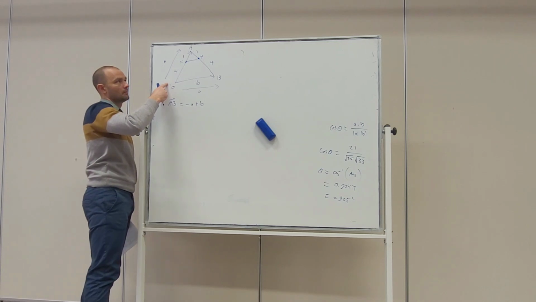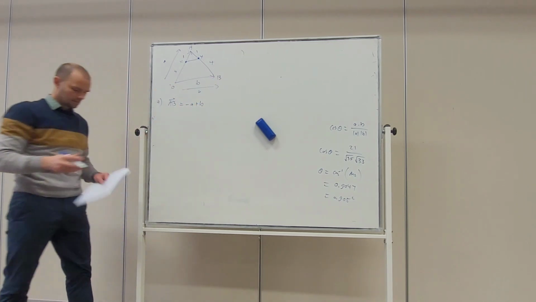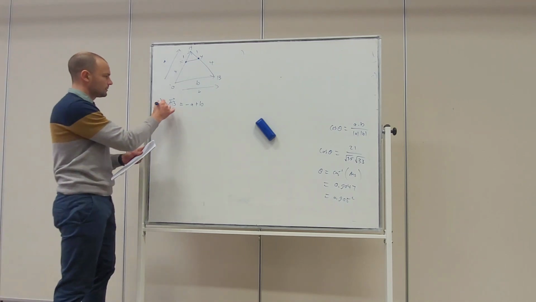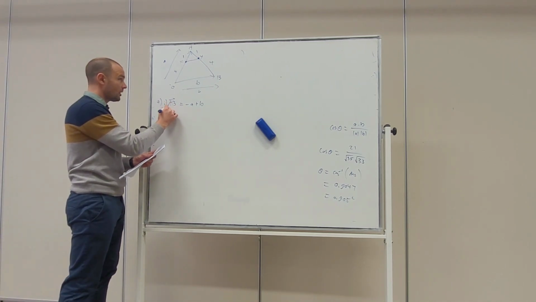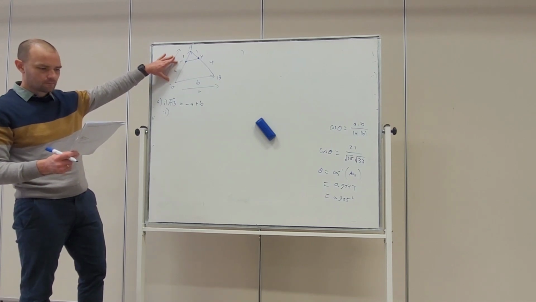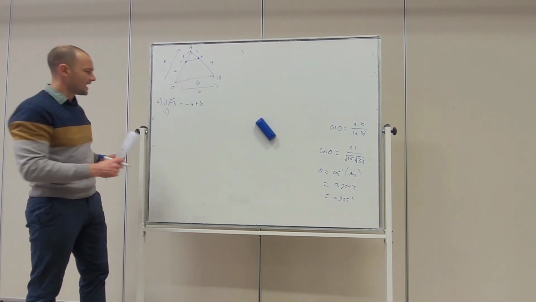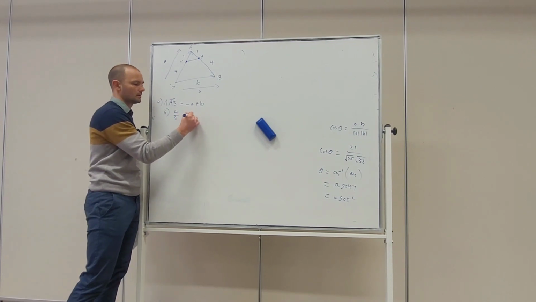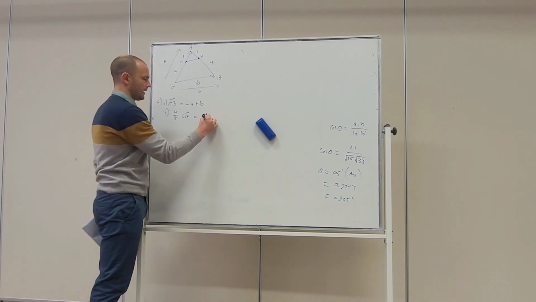So minus A plus B. That's our answer for part A, part 1. Part 2 says find vector OX in terms of A and B. Well, the vector from O to X is 4/5 of vector OA, which is 4/5 of A.